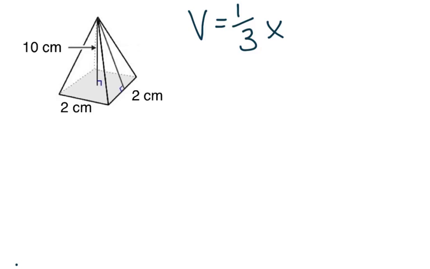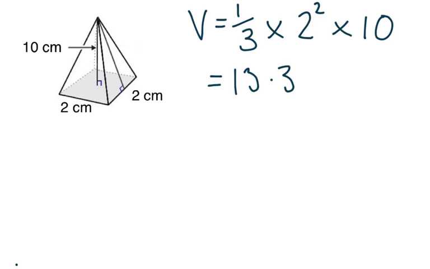Now the area of the base for this will be 2 times 2, so 2 squared, and then we multiply it by the height of the pyramid, which gives me 13.3 recurring centimetres cubed for this particular pyramid.